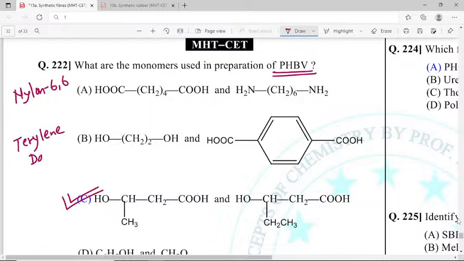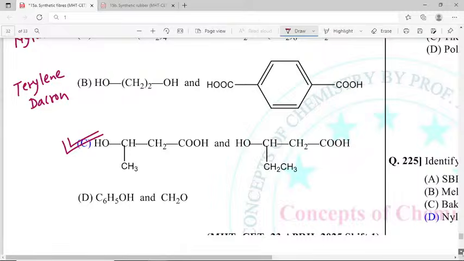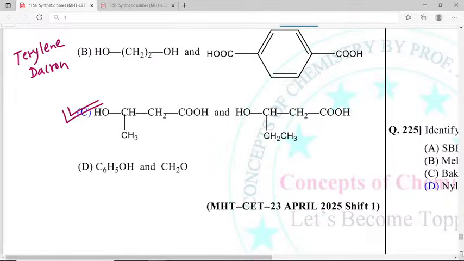Terylene is also called Dacron. Option C is for PHBV, and option D stands for bakelite. Bakelite stands for phenol formaldehyde resin. Get it, everyone?